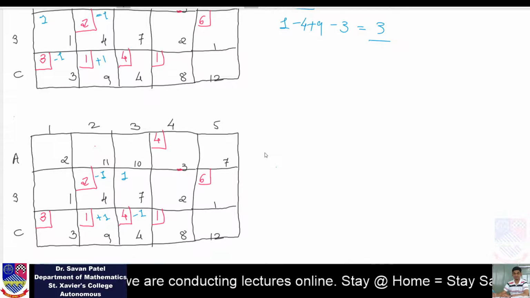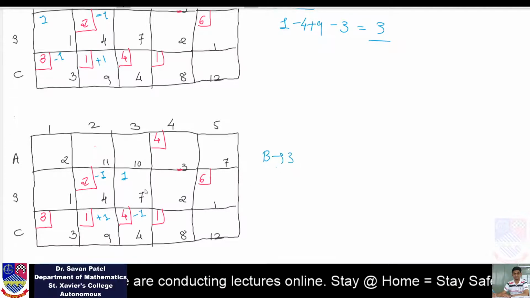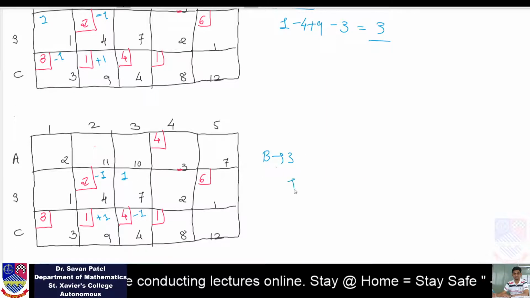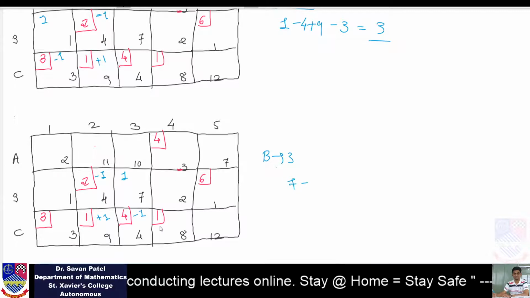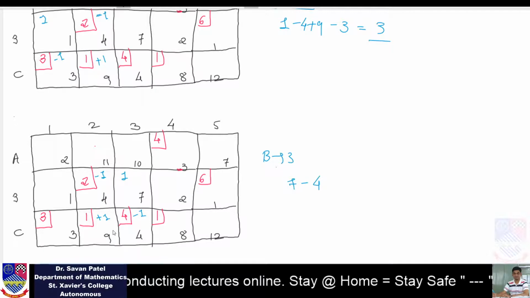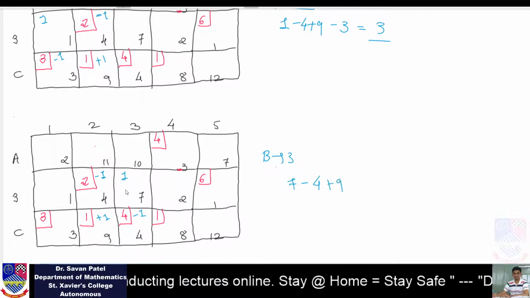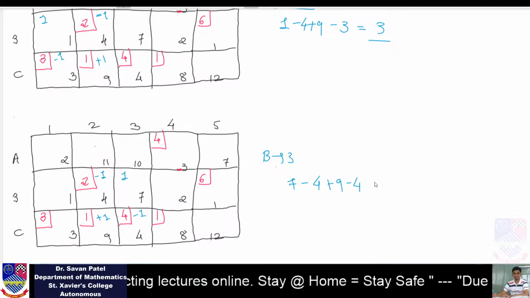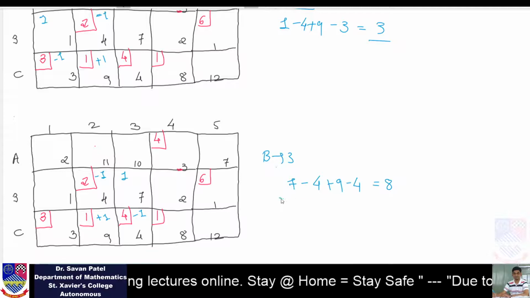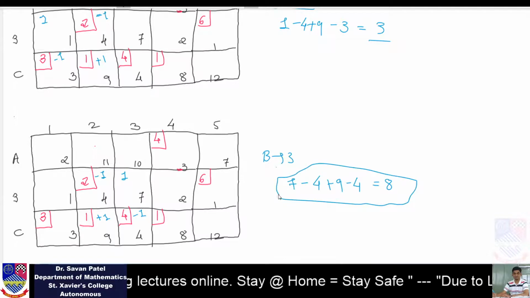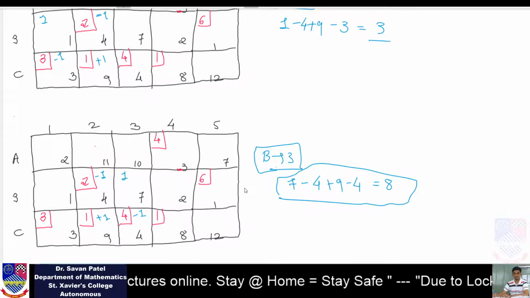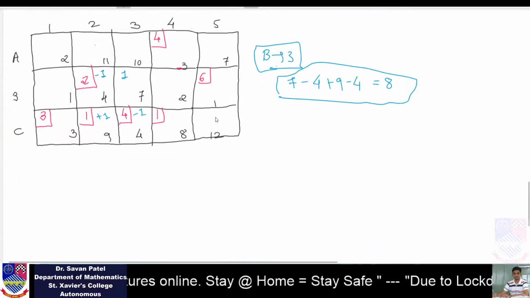The additional transportation cost is 1 times 7, that is 7, minus 1 times 4, so minus 4, 1 times 9, so plus 9, and minus 1 times 4, so minus 4. So the additional cost is 8. We cannot go for transporting from B to 3, so that is also not allowed.